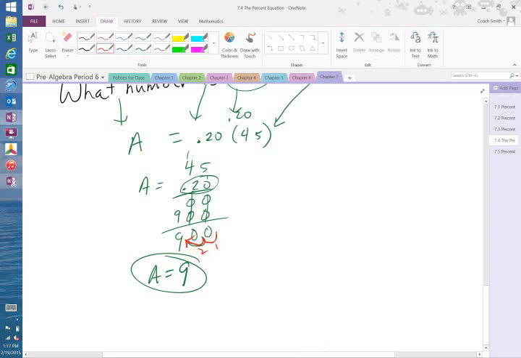Because the reason I didn't is because 20 times 45 is 900. So if 20 times 45 is 900, 0.2 times 45 can't be 900. Okay? Because what's 1 times 45? 45. So isn't 0.2 less than 1? So my answer has to be less than 45. And that's the mathematics behind it.